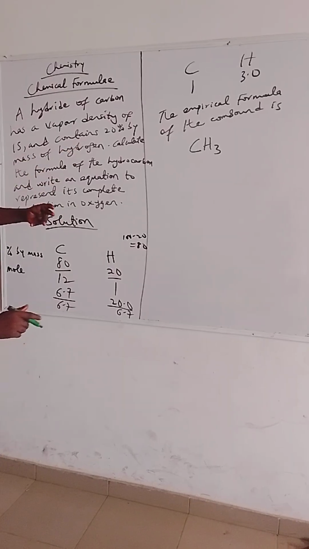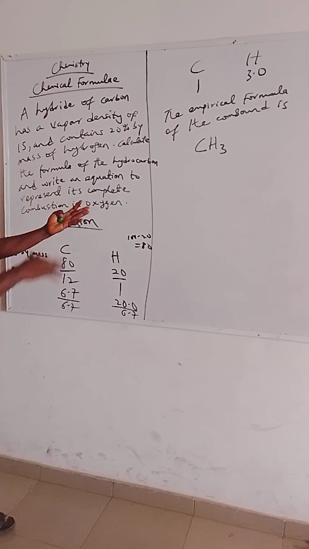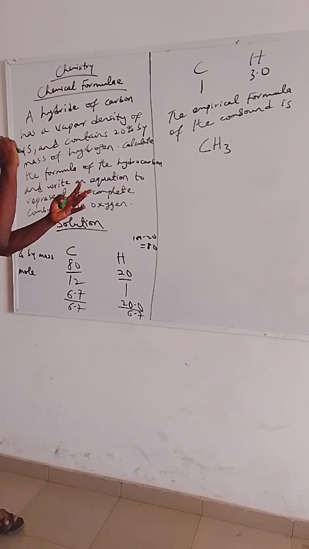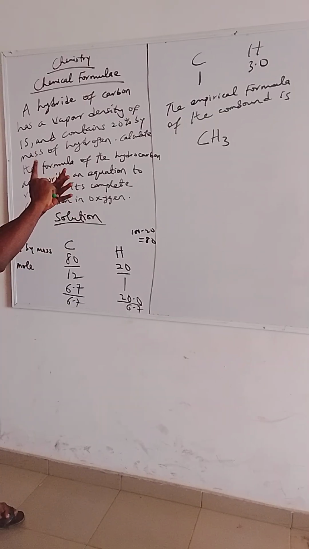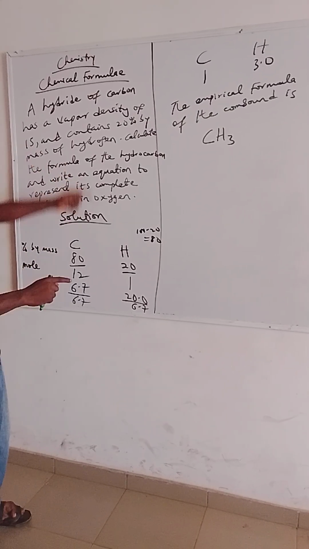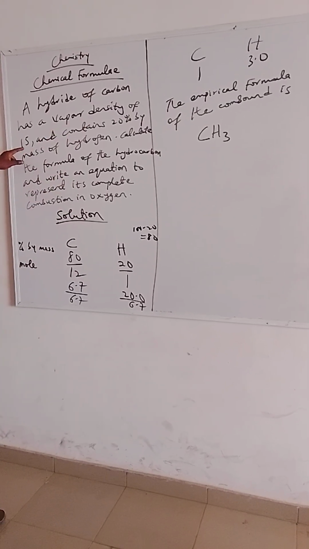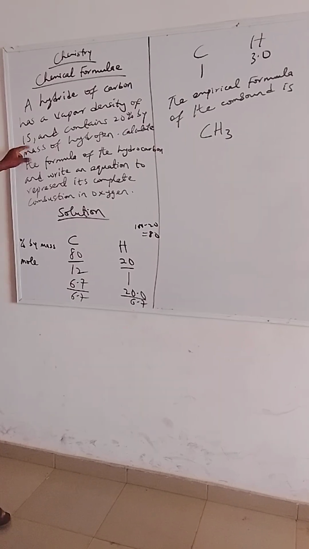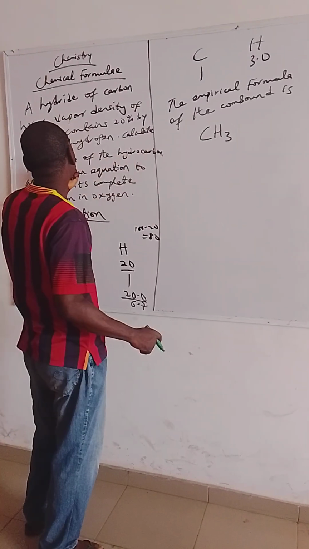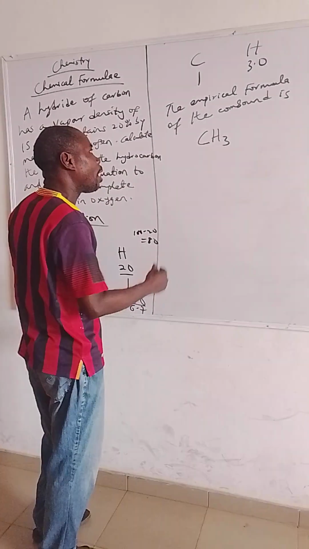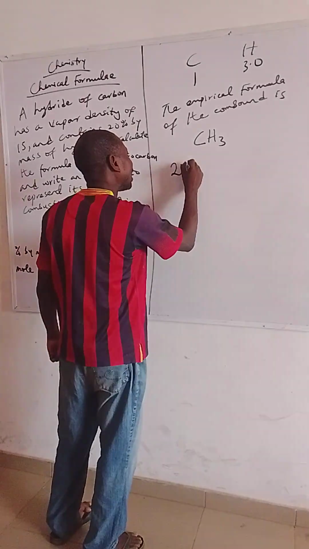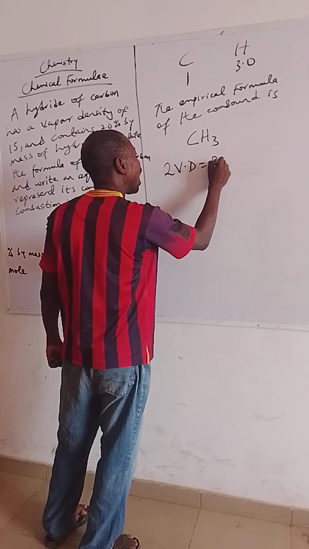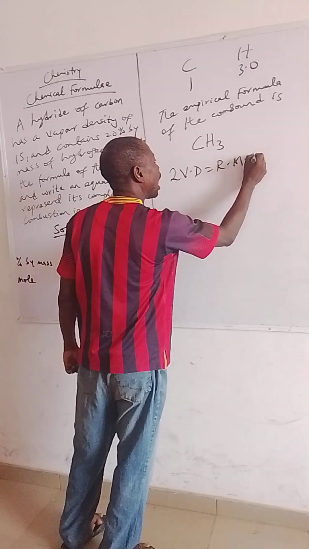Because the question says find the formula of the compound, I'm going to find the empirical formula, the molecular formula, and the structural formula. And in the question, you were given the vapor density. There is a relationship between vapor density and relative molecular mass: twice vapor density is equal to relative molecular mass.